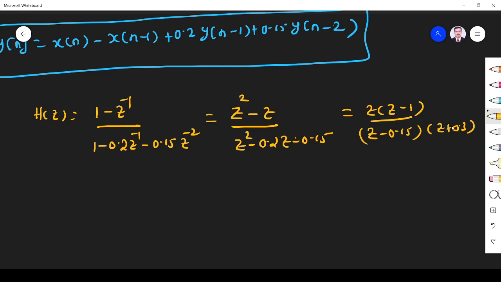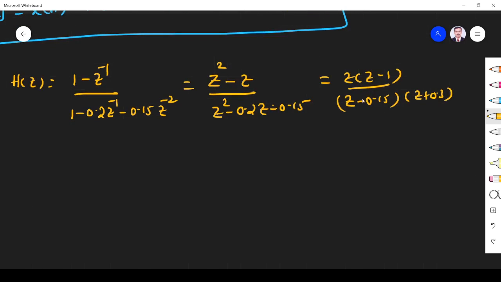Now we got poles and zeros. The poles are the values of z in the denominator which make the total function infinity. So it is not 0.15, it is 0.5. z equal to 0.5 is one pole, and z equal to minus 0.3 is another pole. So directly I can draw it.